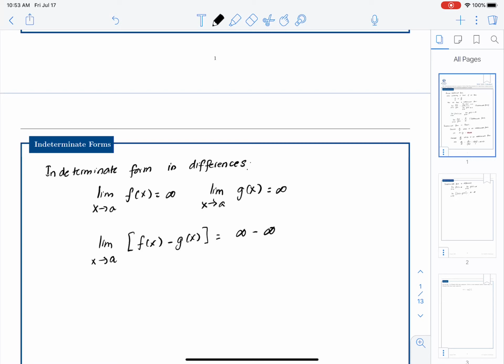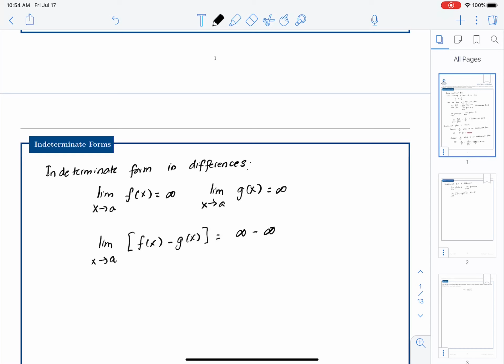One may think that this would be 0, but in evaluating limits, this is an indeterminate form. So the answer is not 0. Keep in mind, we're not simply doing regular math here, rather we are evaluating limits. When we evaluate limits, and if we end up having infinity minus infinity, then it is an indeterminate form.